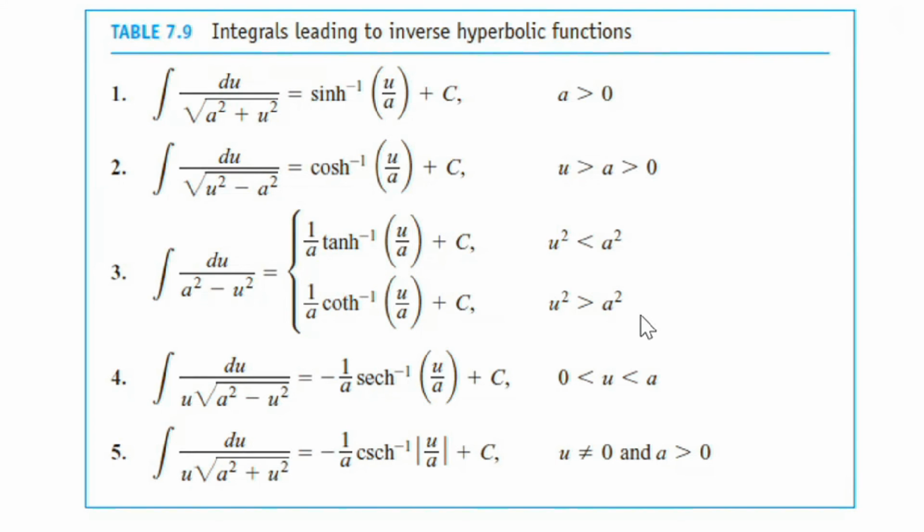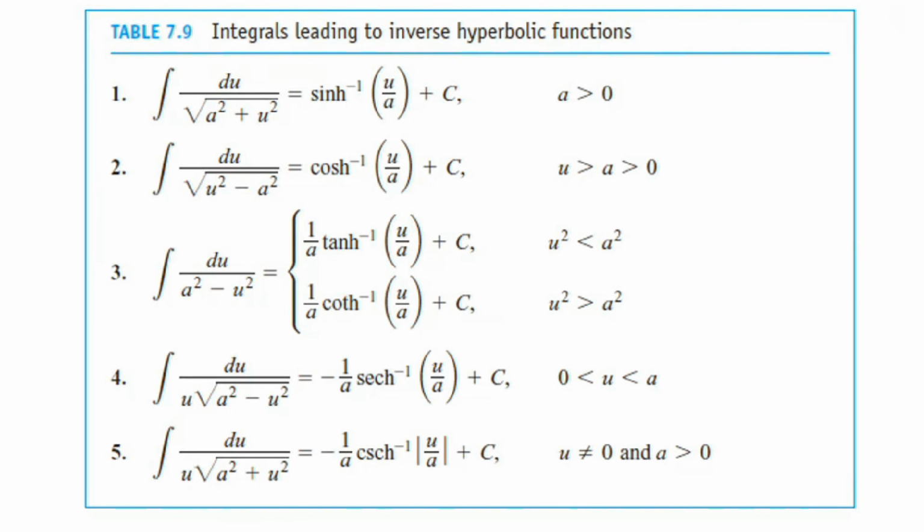For number 5, we have the integral of du over u times the square root of a squared plus u squared is equal to negative 1 over a of inverse hyperbolic cosecant of the absolute value of u over a plus a constant, provided that u is not equal to 0 and a is greater than 0.